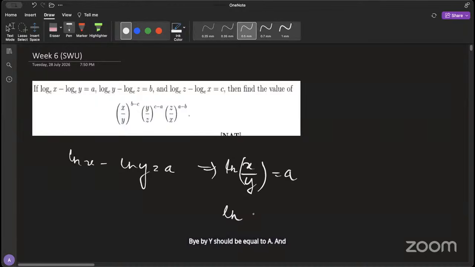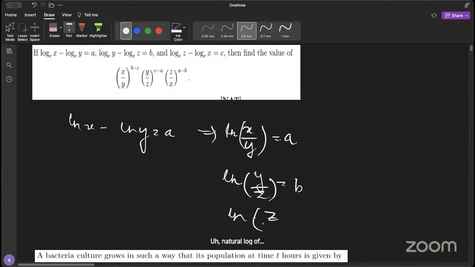And similarly, natural log of y by z is equal to b, and natural log of z by x is equal to c.